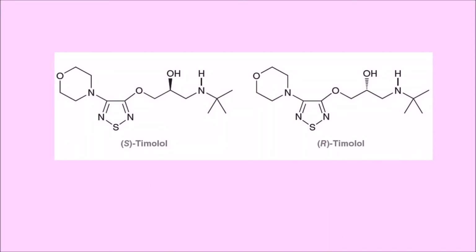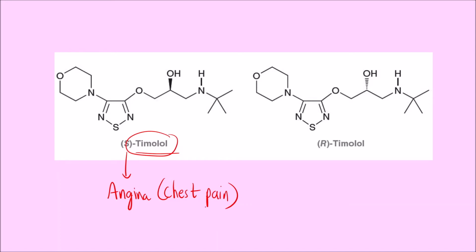Let us see one more example, timolol. Again, the S enantiomer here is used to treat angina, which in general terms is called chest pain, and also to treat high blood pressure. But the R enantiomer of this timolol drug is used to treat glaucoma.